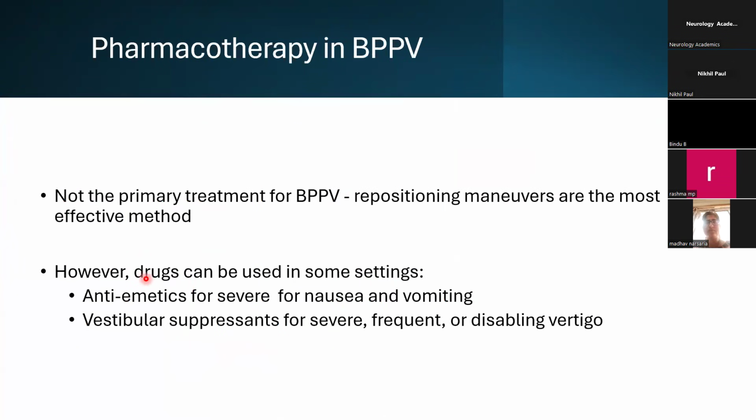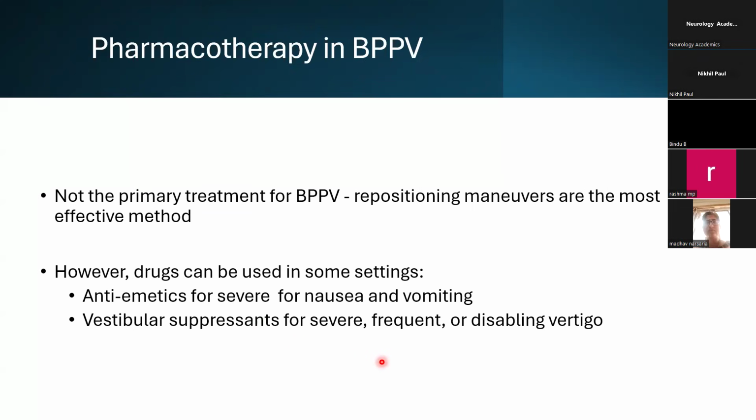What about the role of pharmacotherapy? Even though we routinely give betahistine and all, it is not the primary treatment, and most studies have shown that it is much less effective in controlling the symptoms than the repositioning maneuvers. Also, some people say it is not ideal to give it because it causes vestibular suppression and interferes with the adaptation process. However, we can definitely give drugs when there are severe symptoms such as severe nausea or vomiting, and where there is disabling vertigo that does not respond.